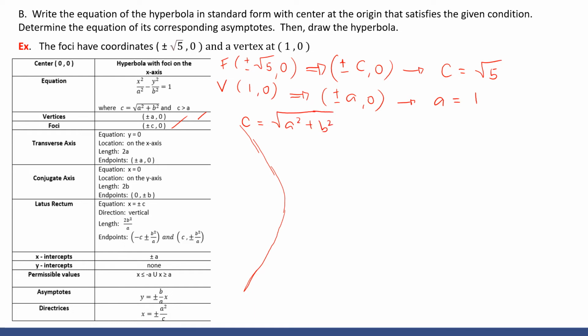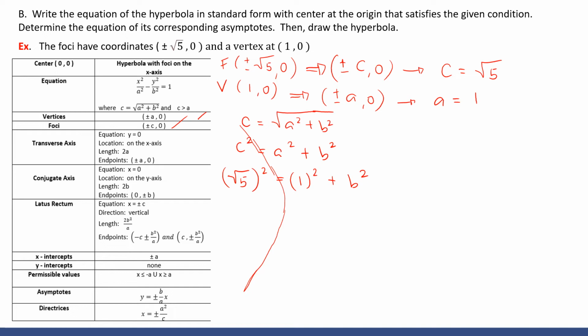Since you are looking for b, pwede itong maging c squared equals a squared plus b squared. And then substitute c. We have square root of 5 squared equals a, that is 1 squared, and then plus the unknown b squared.